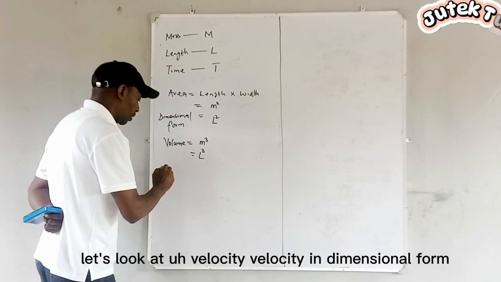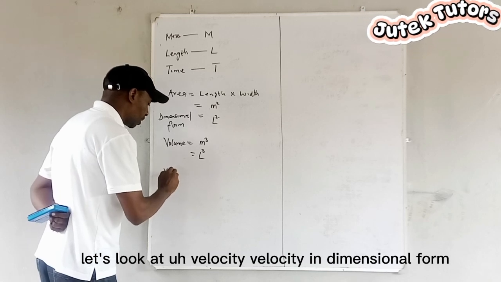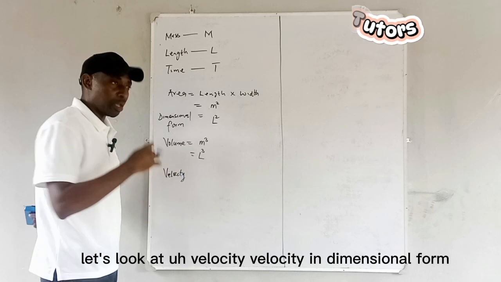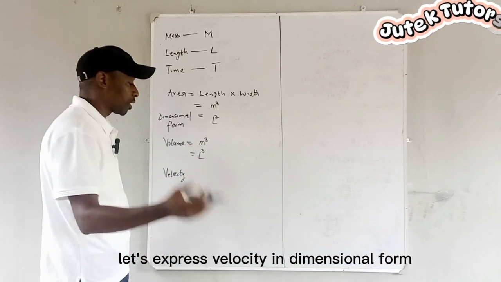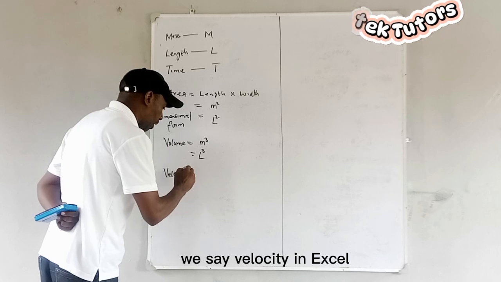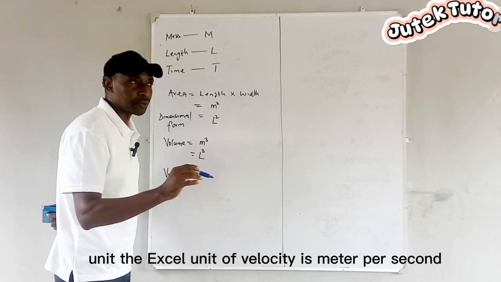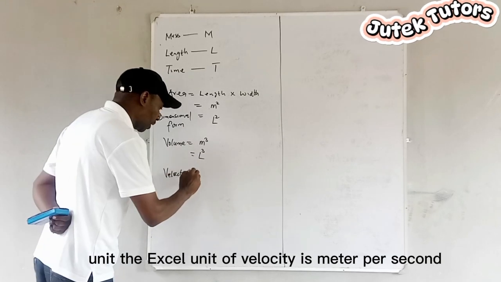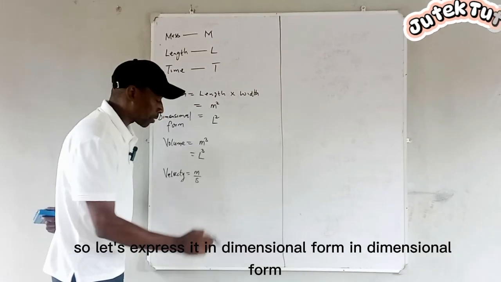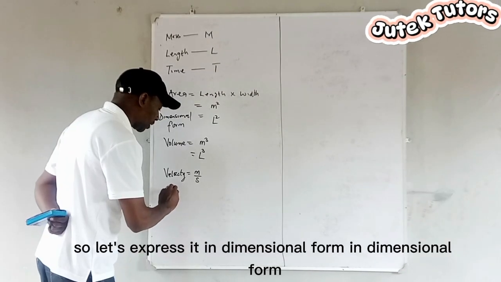Let's look at velocity in dimensional form. The SI unit of velocity is meter per second. So let's express it in dimensional form.